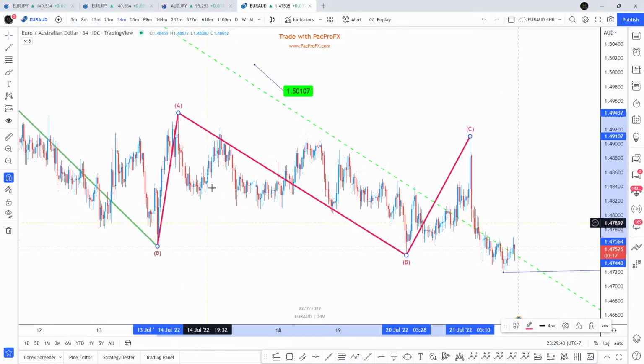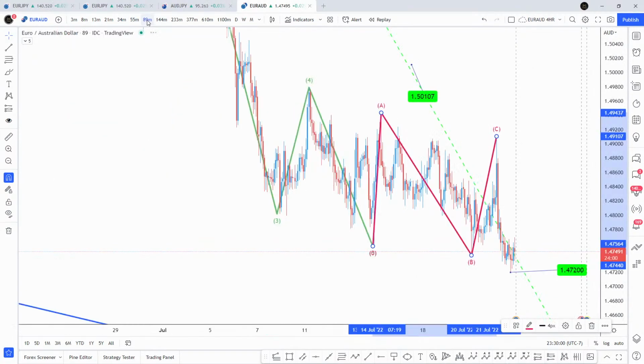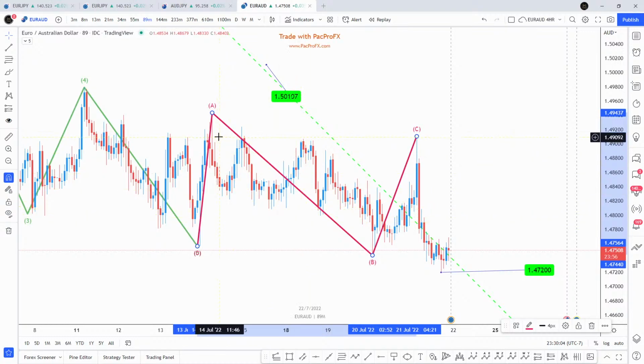So this here, see, 1, 2, A, B, C. Trying to read these waves here.